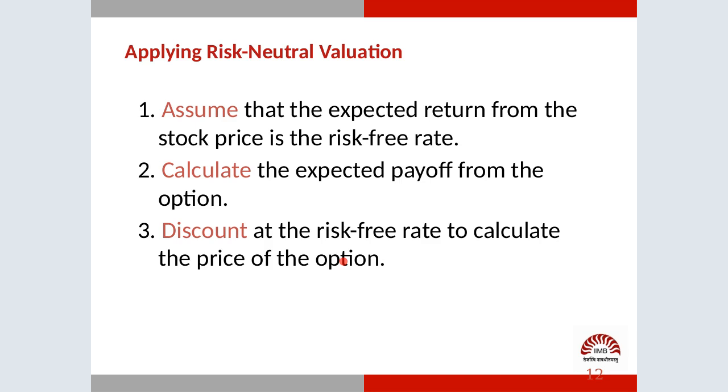First, we assume that the expected return from the stock price is nothing but the risk-free rate. Second, we calculate the payoff based on this information, how much is the payoff from the option at maturity, whatever the maturity date is. And then once we know the payoff from the option at maturity, we discount it back to today and say, okay, therefore this is the price of the option.